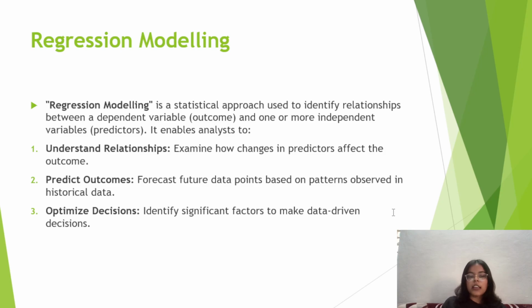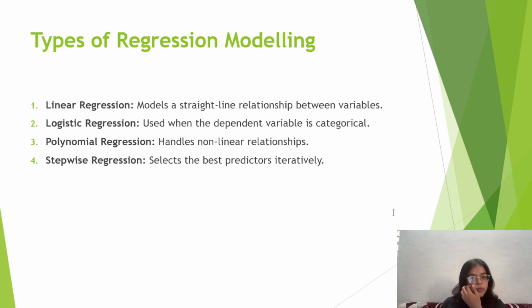It enables analysts to understand relationships, predict outcomes, and optimize decisions: to examine how changes in predictors affect the outcome, forecast future data points based on patterns observed in historical data, and identify significant factors to make data-driven decisions. Now, there are four types of regression modeling: linear regression, logistic regression, polynomial regression, and stepwise regression.